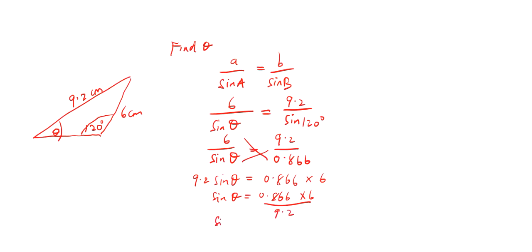So sine theta is equal to 0.866 multiplied by 6 divided by 9.2, and we get 0.565, and therefore theta is equal to sine inverse 0.565.